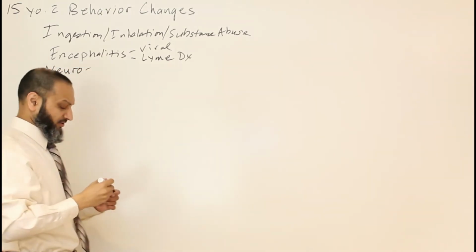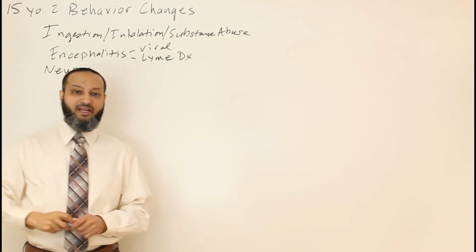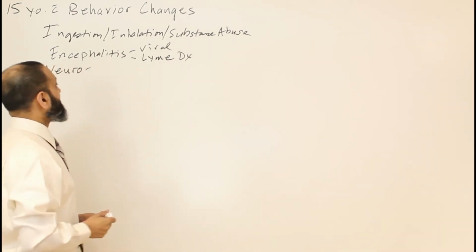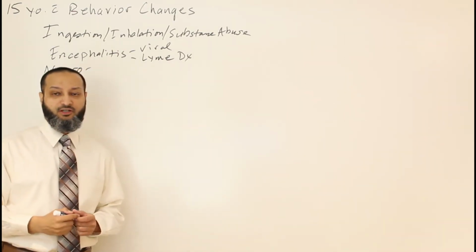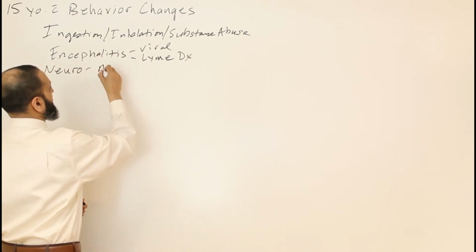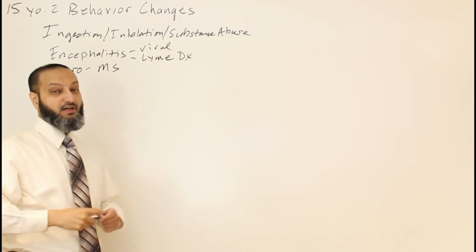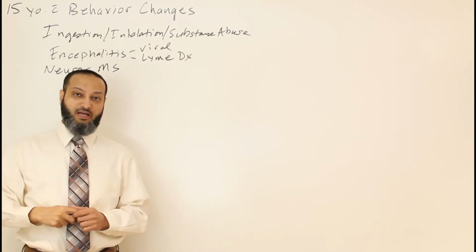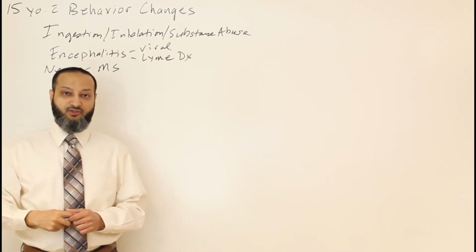And then if we continue on into other neurologic causes, so this was encephalitis, but now let's think about other neurologic causes of behavior changes. In adolescent girls, you think about different demyelinating processes. So MS, or multiple sclerosis, is a consideration in this type of patient as well.